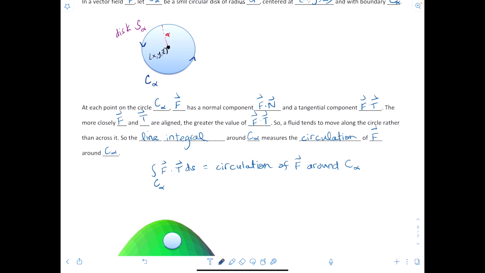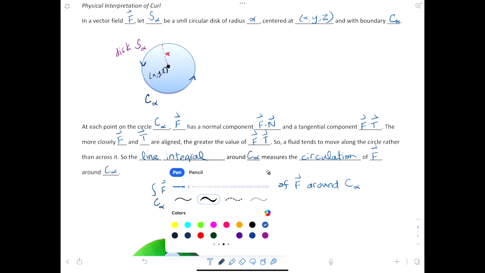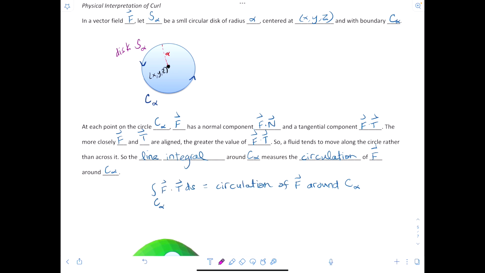So now I've taken this disk, and actually there's more going on with this disk. Let's draw in F and N and F dot N and all that stuff, all right? So if we take a look at some point on the circle, and then we would have our vector field.